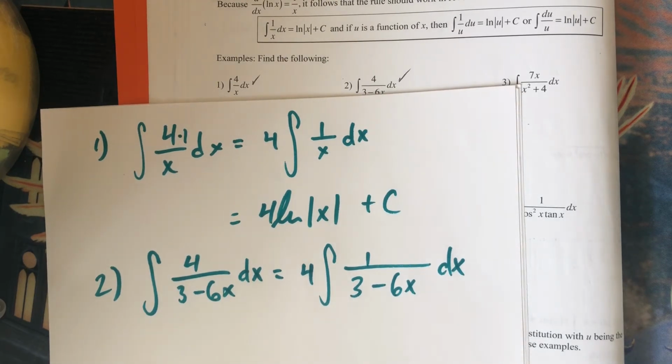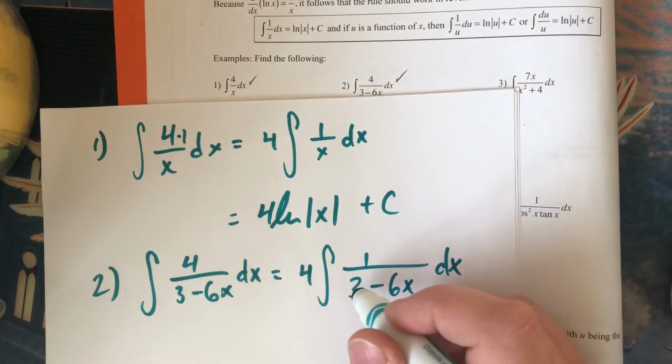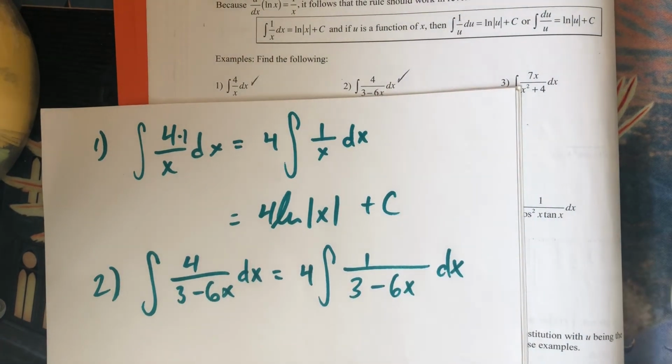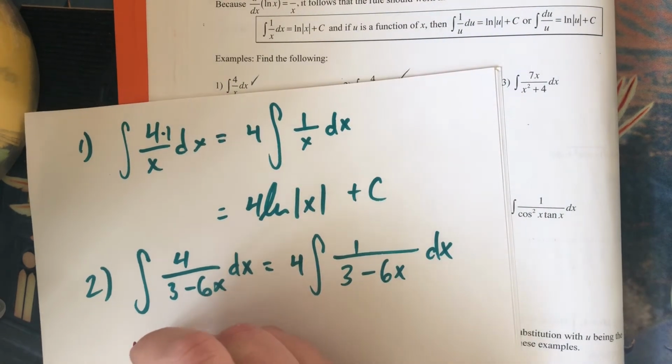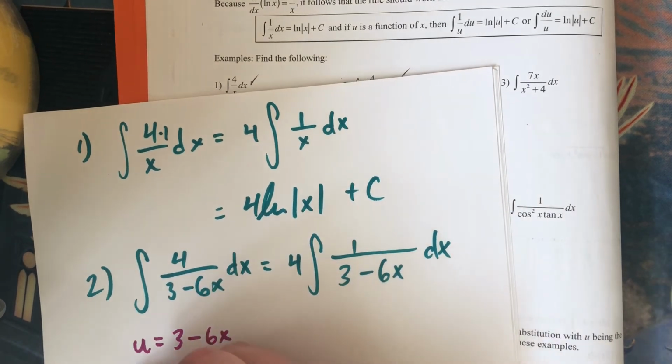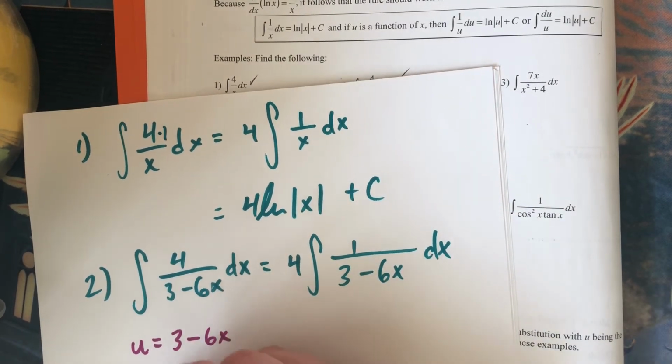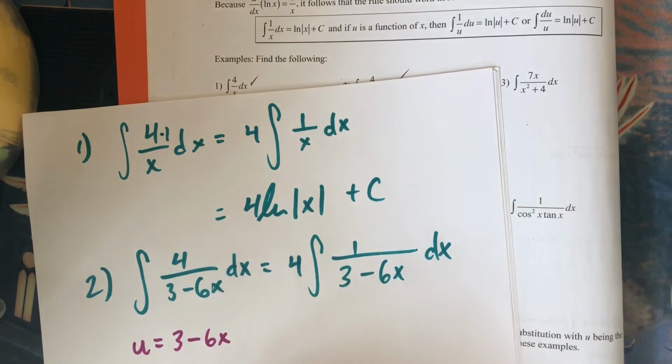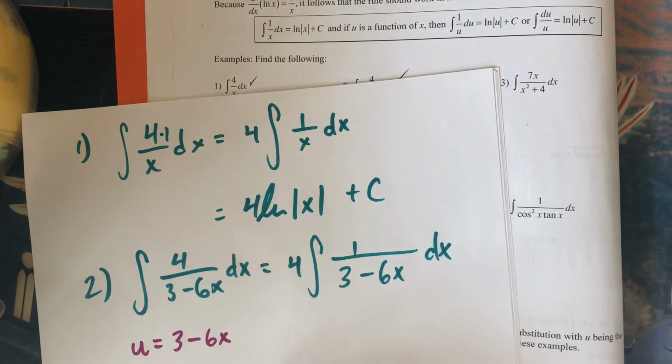And so with 3 minus 6x, now I'm going to have to do a u substitution. So I'm going to go over to the side. I'm going to say u is equal to 3 minus 6x. So then du/dx is negative 6, du is negative 6 dx. So then dx is negative 1/6 du.